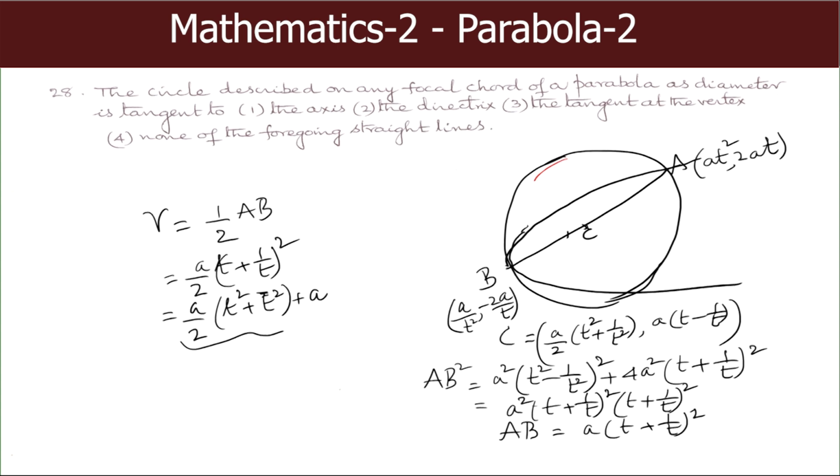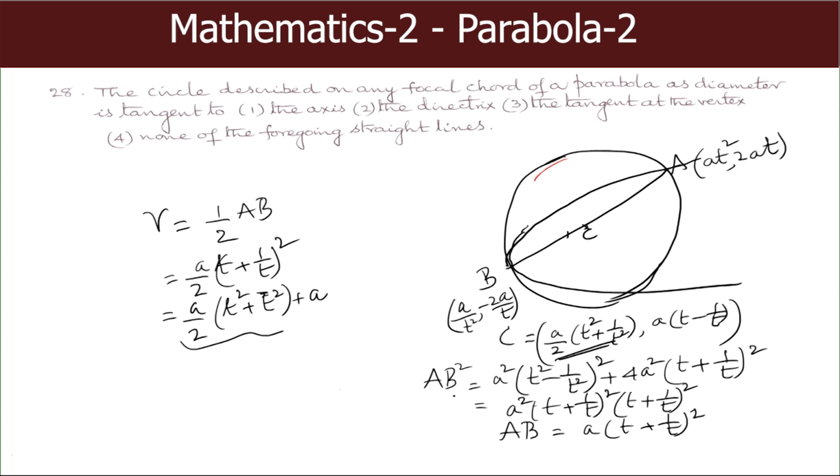You can see this (a/2)(t² + 1/t²) is the x coordinate of the center, and the radius is that plus a. That means the center is at a distance of (a/2)(t² + 1/t²) plus a, whereas the x coordinate of C is (a/2)(t² + 1/t²).